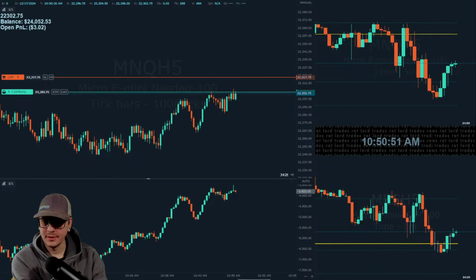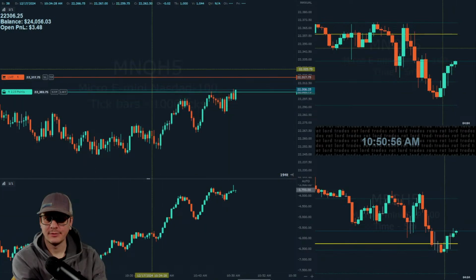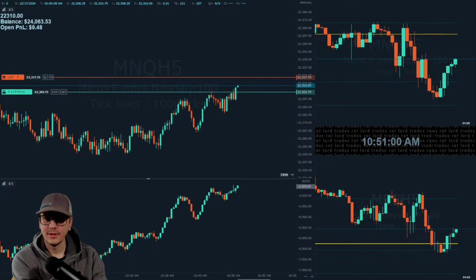I have a Bulenox that just got reset. So I'm going to switch after this trade. I'm going to switch over to that and trade that the rest of the day.